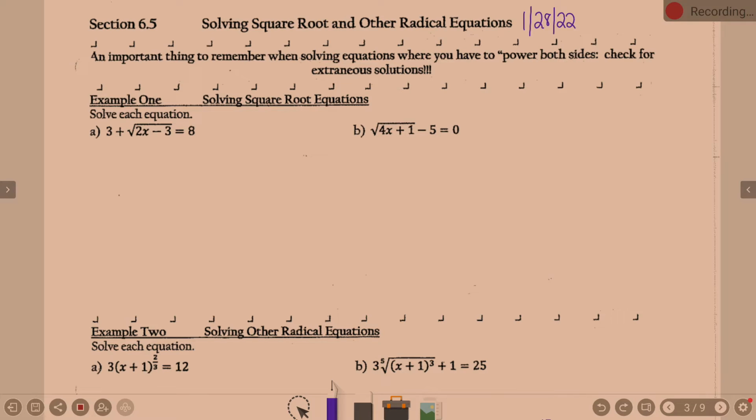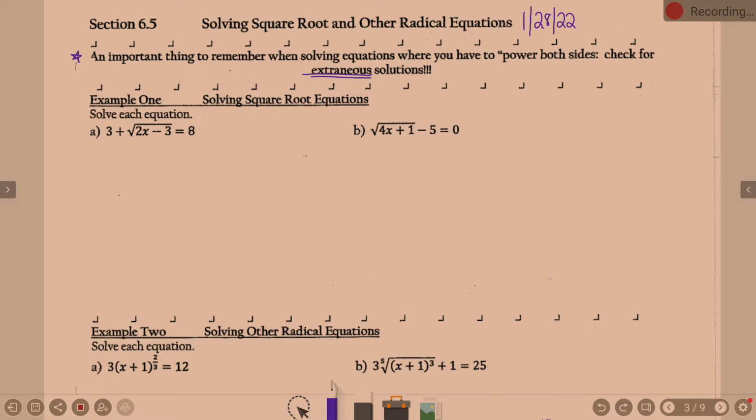Now, key comment up here as we get started. An important thing to remember when solving equations where you have to power both sides, which is what we're going to do, like raise both sides to the power of 2 or raise both sides to the power of 3, is to check for extraneous solutions. We have talked about extraneous solutions this year.